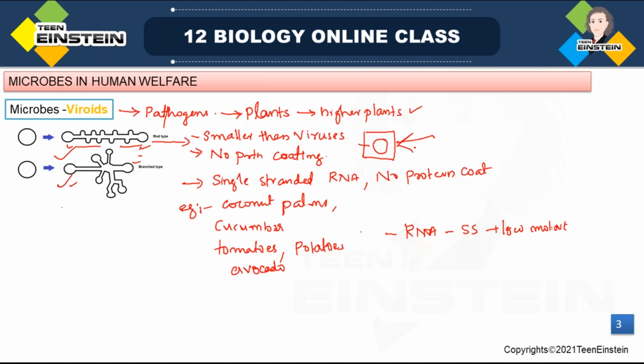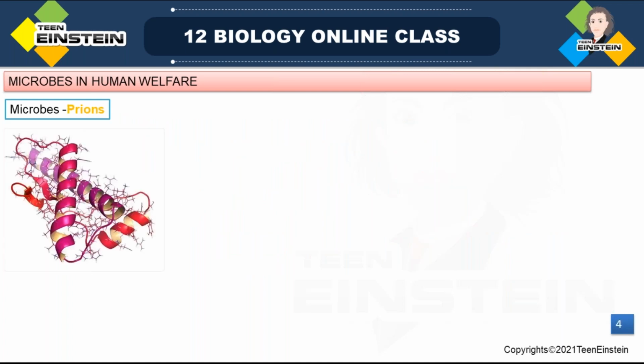Now we have learned about viroids. The next important microbe is prions. So what are these prions?